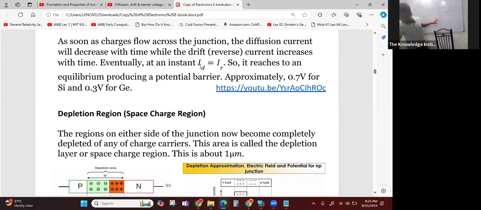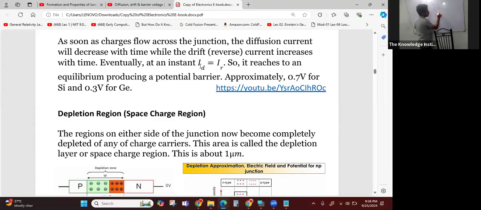So you can see the whiteboard. So more like this. My graph is not so accurate, just to give a rough idea. So here, let's say current I and the time. So diffusion current ID decreases with time, and then with time this IR will increase.